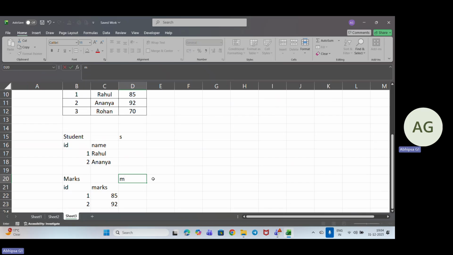Now, coming to some of the rules of alias. Aliases are temporary. An alias can be of a table or a column, as we have already discussed, and it makes the query shorter and cleaner.